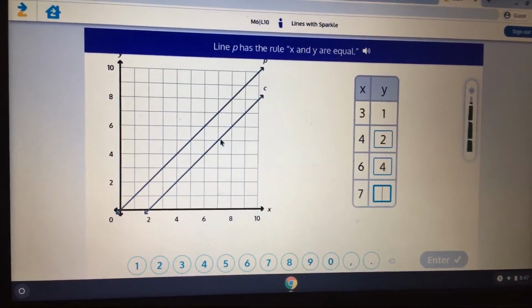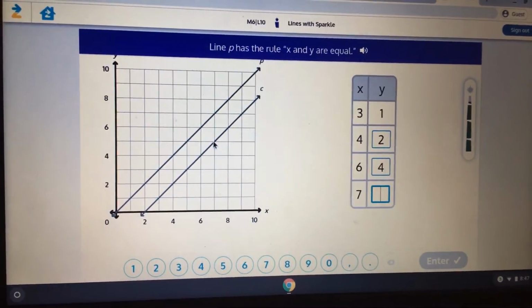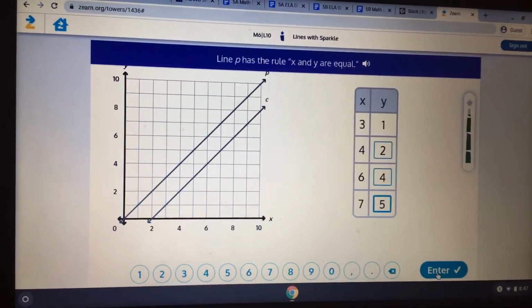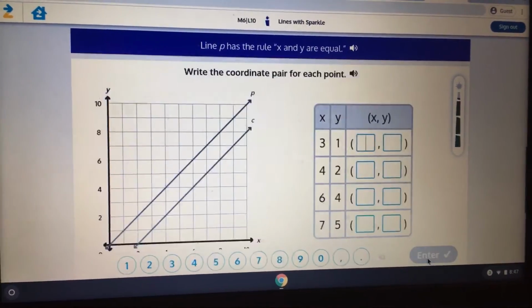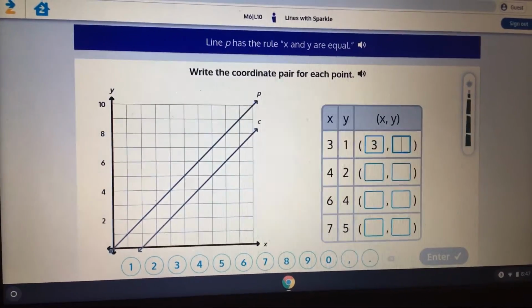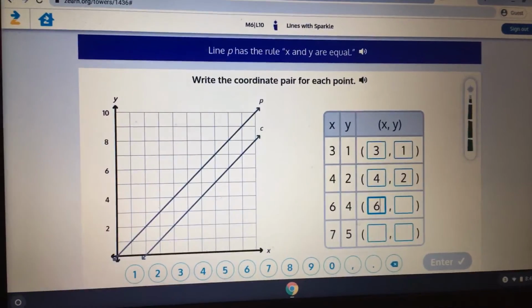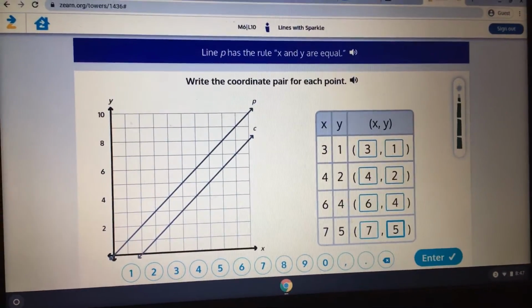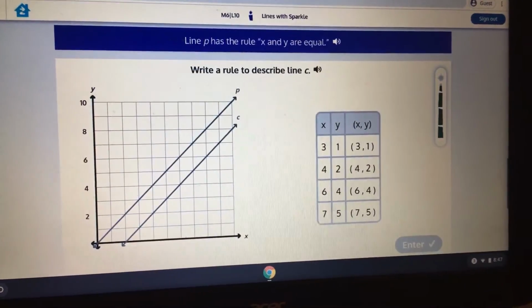And then if we come to 7, we've got 7, 5. All right. Three, 1, so just filling in my boxes. 6, 4, 7, 5. And that's a quick step, but make sure you get your numbers correct.